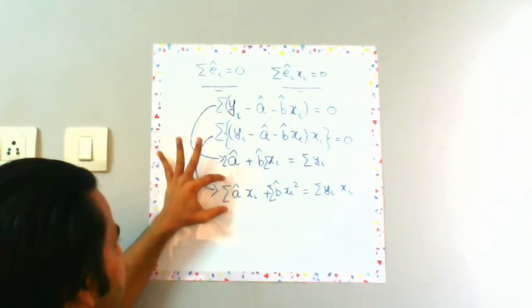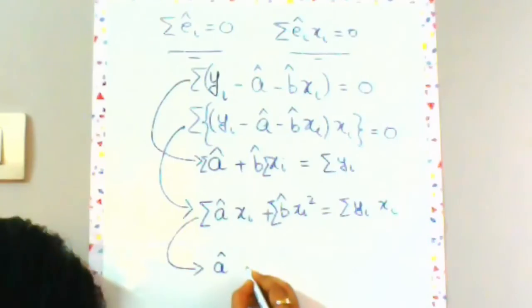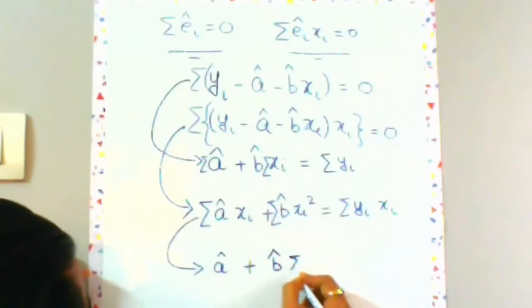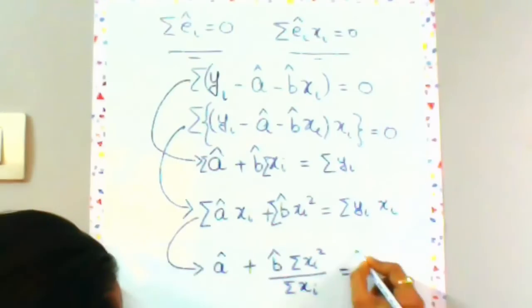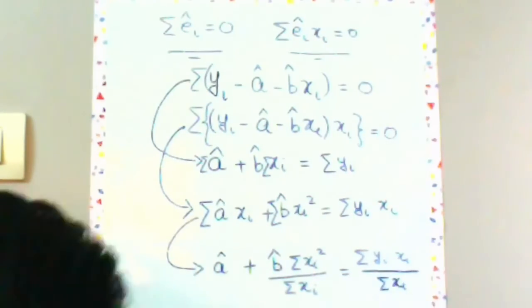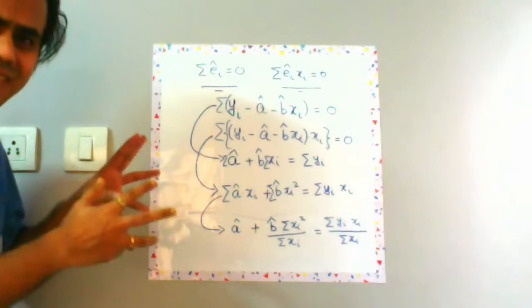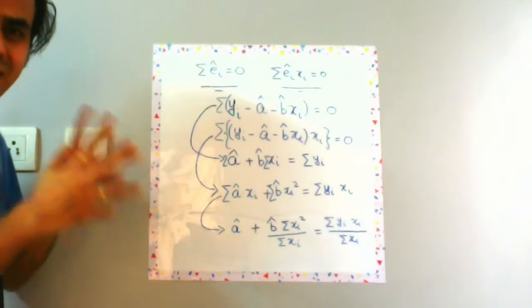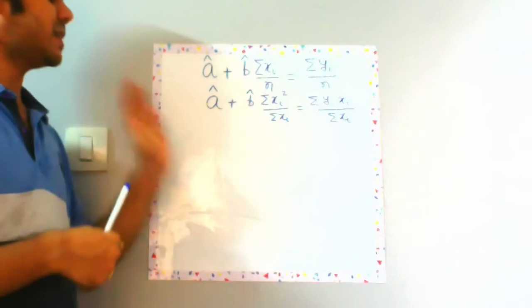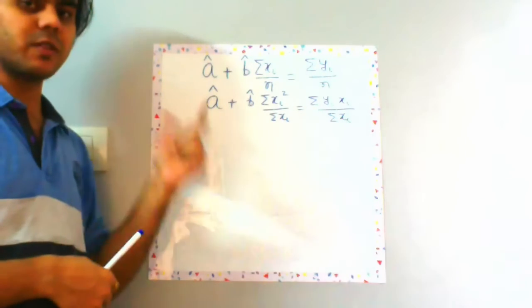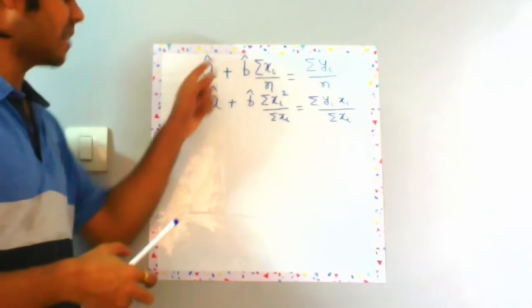This can be further simplified. Let's rewrite them in a slightly better form. This is a pretty standard linear system of equations in two variables, A hat and B hat.